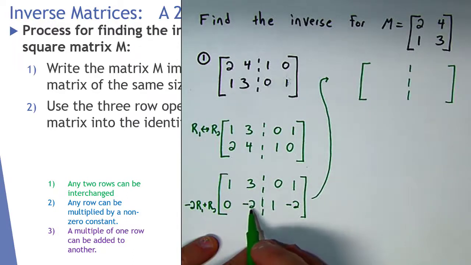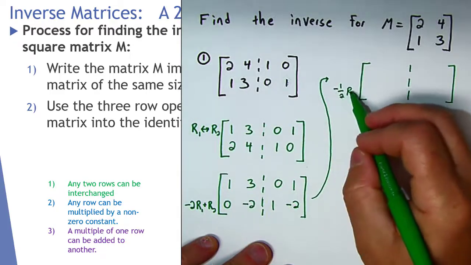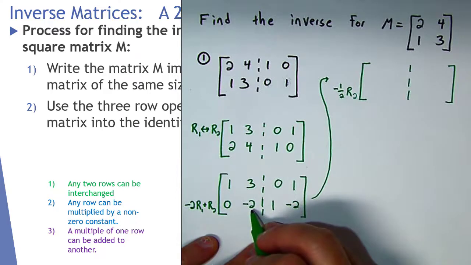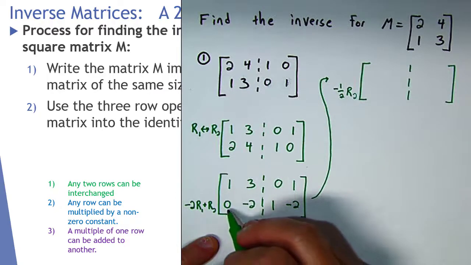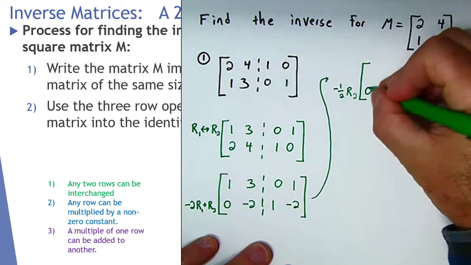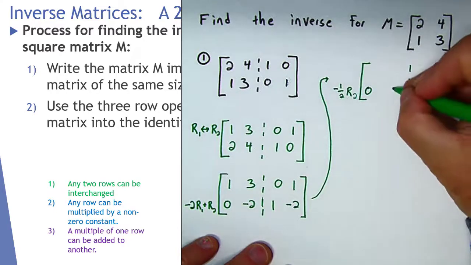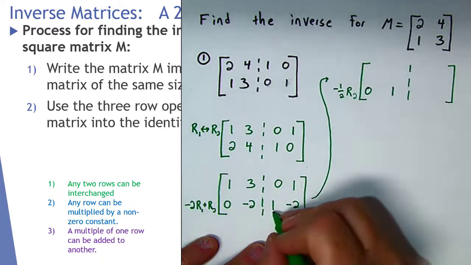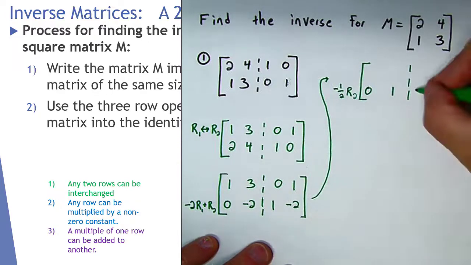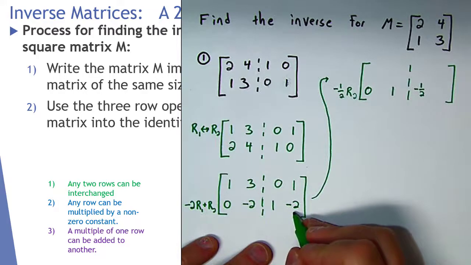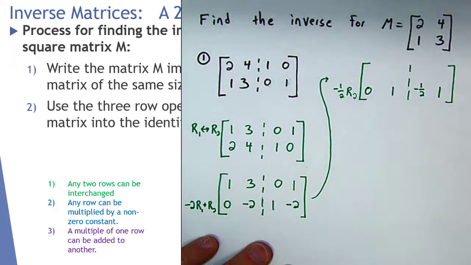So multiplying this by a half would make it a -1, but multiplying it by -1/2 will make this a +1. So 0 times -1/2 is 0. -2 times -1/2, that's a 1. That's the one we want. 1 times -1/2 is -1/2. And -2 times -1/2 is a 1.